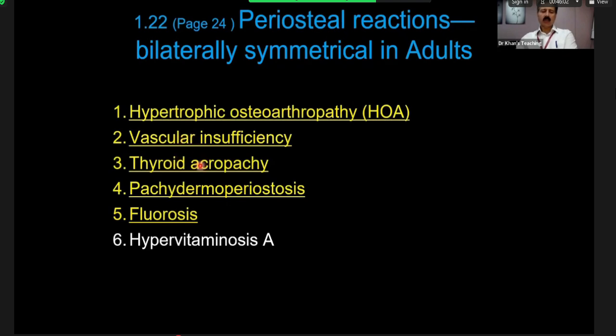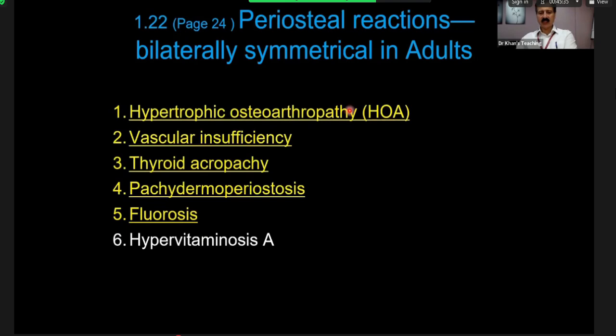Thyroid acropathy, of course, clinically, and the bones which are involved are usually the hands. Pachydermoperiostosis has quite a similar type of picture, but this is a familial condition and also known as primary HOA in the USA. And these patients will be young patients, usually teenage. Fluorosis and hypervitaminosis, of course, have different radiological features.